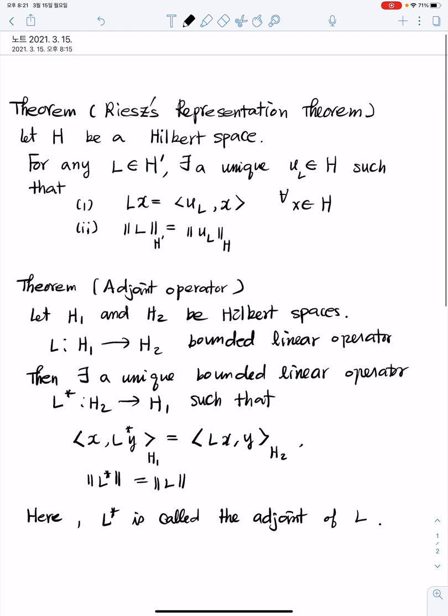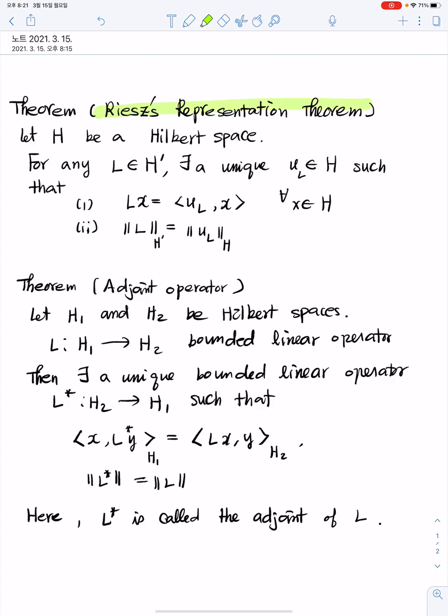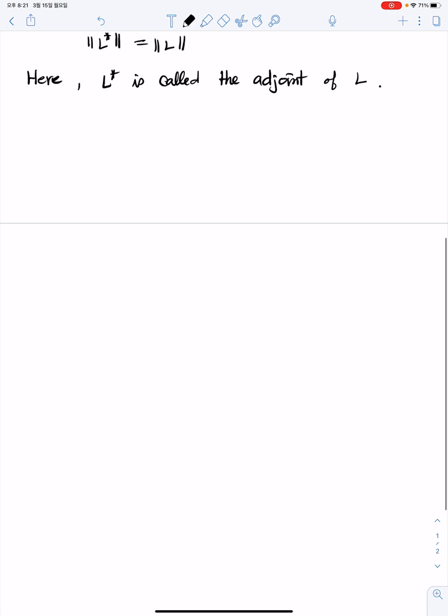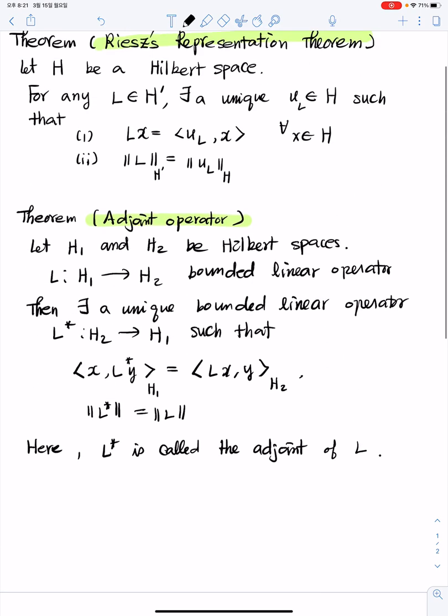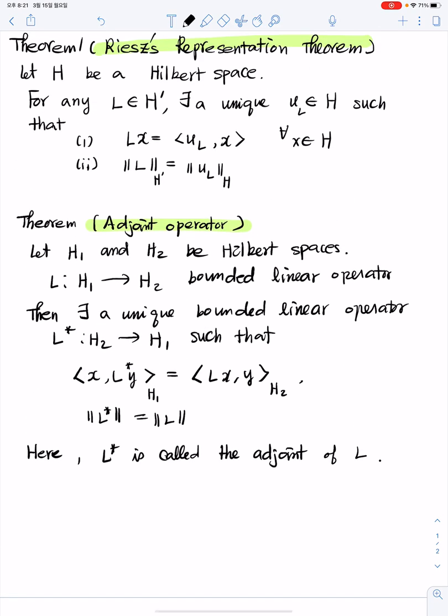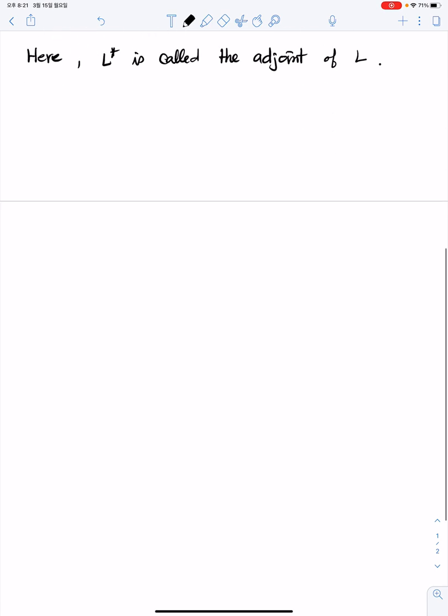So this is a very important theorem. One is the Riesz representation theorem, and we have the adjoint operator. And then we have one more theorem I want to address. Let me call this theorem A, this is theorem B, and then I will have this one as theorem C.